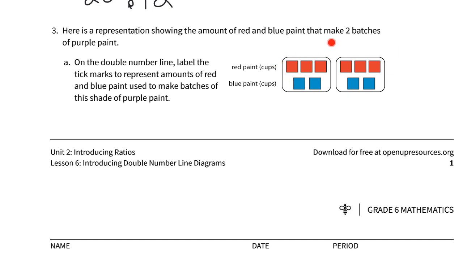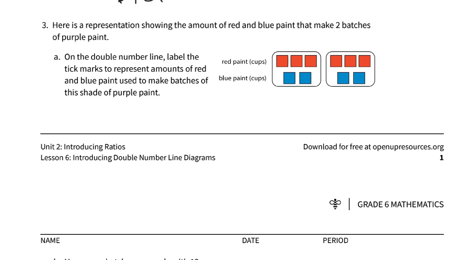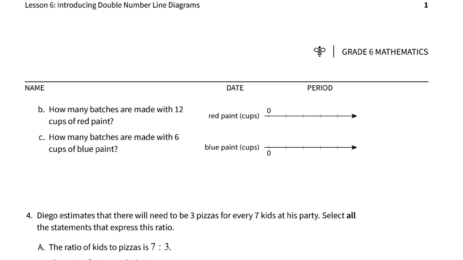Well, if this is making 2 batches of purple paint, that means just this one circle-ish oval thing is going to make 1 batch, right? So we need to, on a double number line, label the tick marks to represent things, right? So let's go down, because there is our double number line right here.